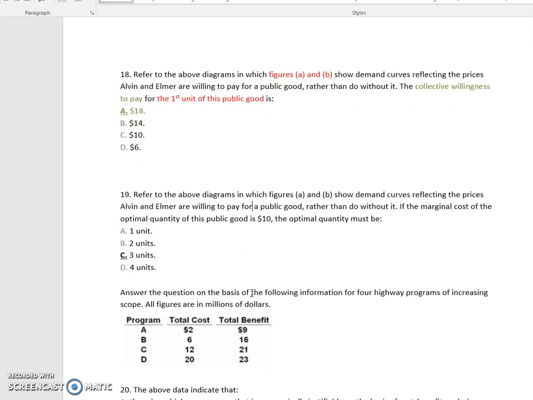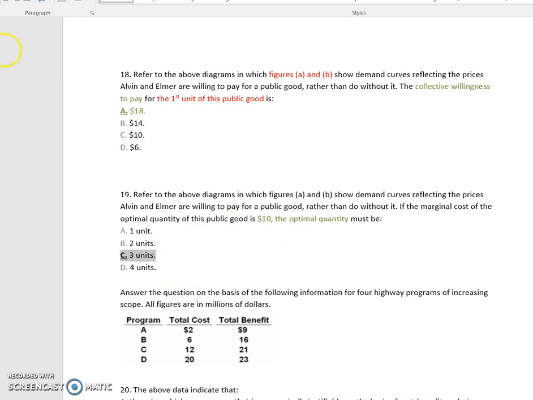Refer to the above diagrams in which figures A and B show demand curves reflecting the prices Alvin and Elmar are willing to pay for a public good, rather than do without it. If the marginal cost of the optimal quantity of this public good is 10, the optimum quantity must be 3 units, right?